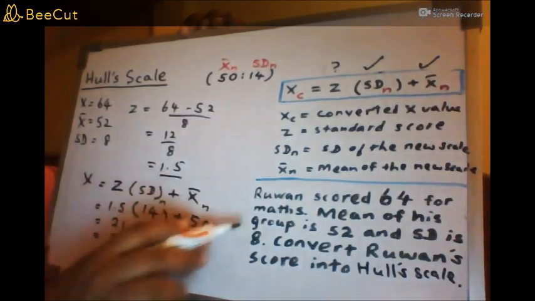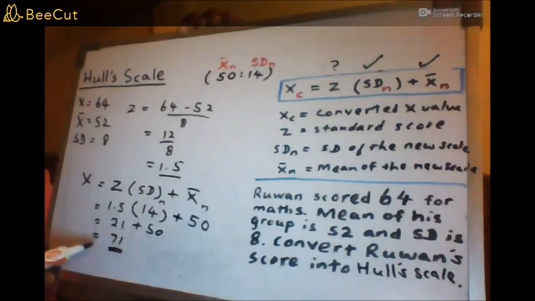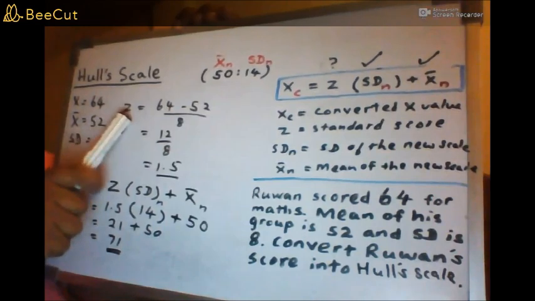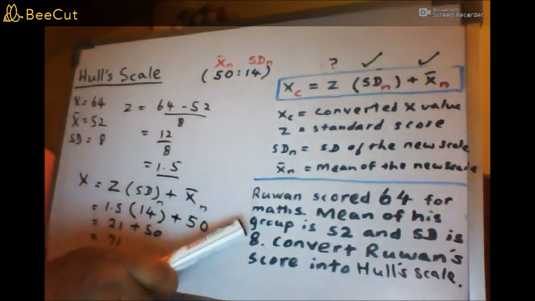Now, according to raw marks, Ruan's score is 64. According to Hull's scale, Ruan's mark is 71. Right? So that's the way to convert into Hull's scale. It's easy. First, you have to get the Z score. All the things will be given to you in that case, right?